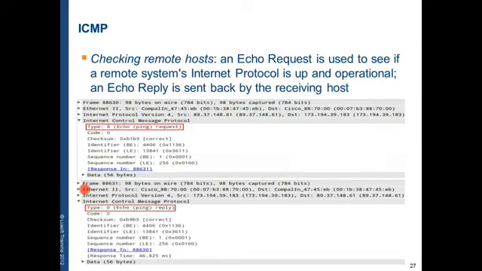Another use of ICMP is checking remote hosts. This is the application ping I talked to you about before, and I think everyone has heard of it. It uses the ICMP packets echo request and echo reply to determine if a remote host is operational.